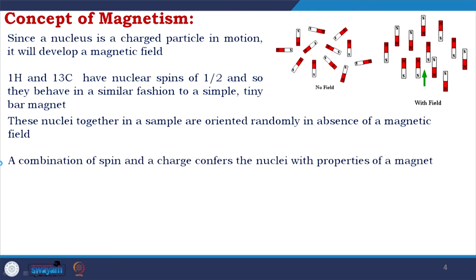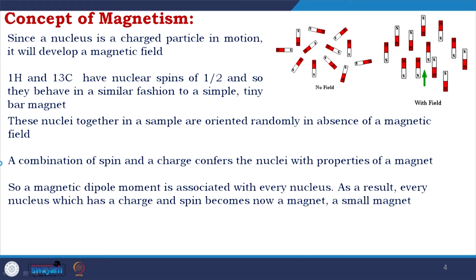A combination of spin and charge confers on the nuclei the properties of a magnet. So, a magnetic dipole moment is associated with every nucleus. As a result, every nucleus which has a charge and spin becomes a tiny magnet.